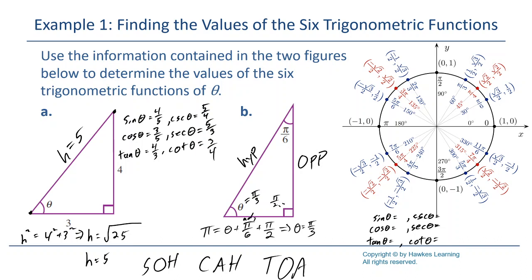And this is your adjacent side, because it's between theta and the right angle. Now, theta equals pi over 3. Which triangle is that? Well, that happens to be this one. So there's our pi over 3.